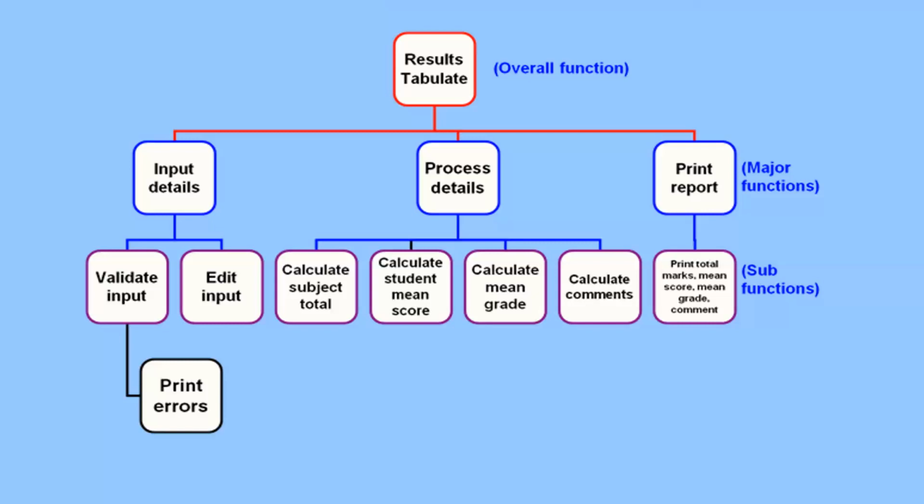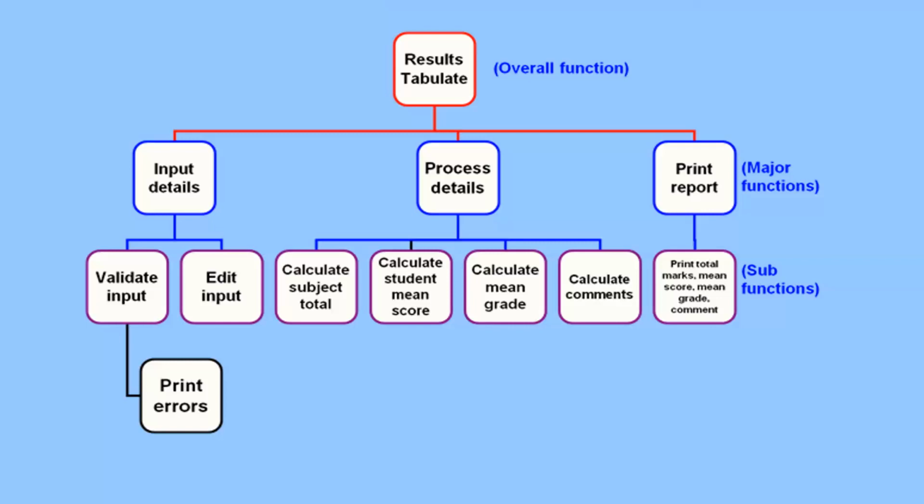And another is for calculating comments, for example, finding whether the student is a distinction, a credit, a pass, or a fail. That's how we break it down. Each function is performing a specific task. I will explain the functions and the rules of functions in my subsequent presentations in this series.